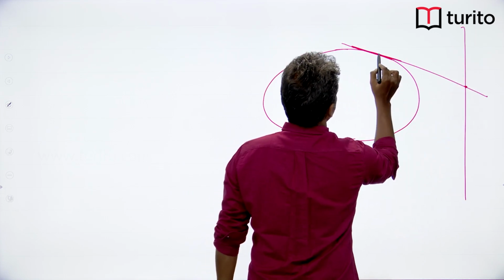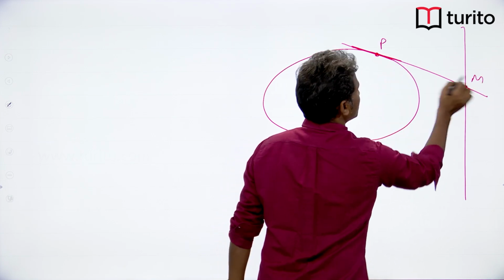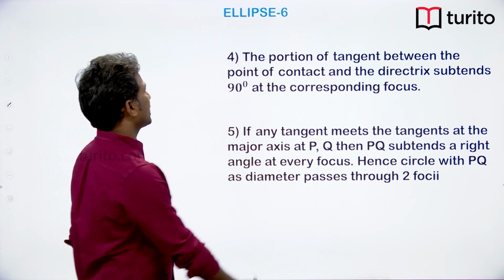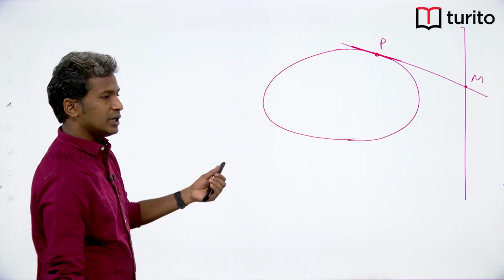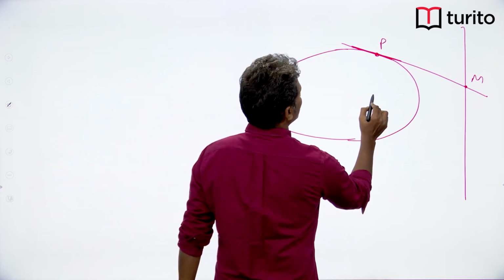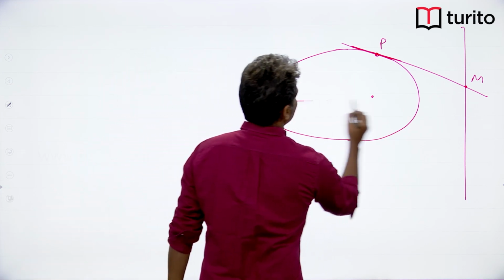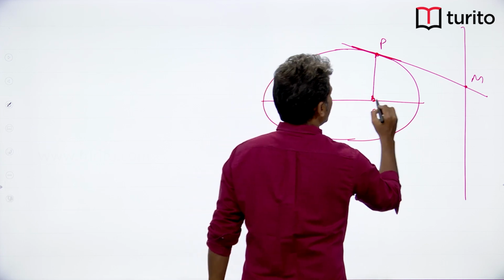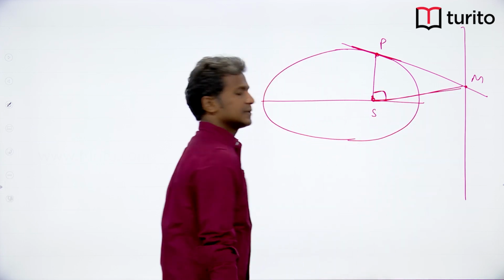Now, what is the portion that is cut between the point and the directrix? This is the portion. And this portion must subtend right angle at the corresponding focus. When we say corresponding focus, we should be taking only the focus which is nearest to that directrix. Okay. So, let us say there is one focus here which is S. So, this PM is going to make 90 degrees at this S.